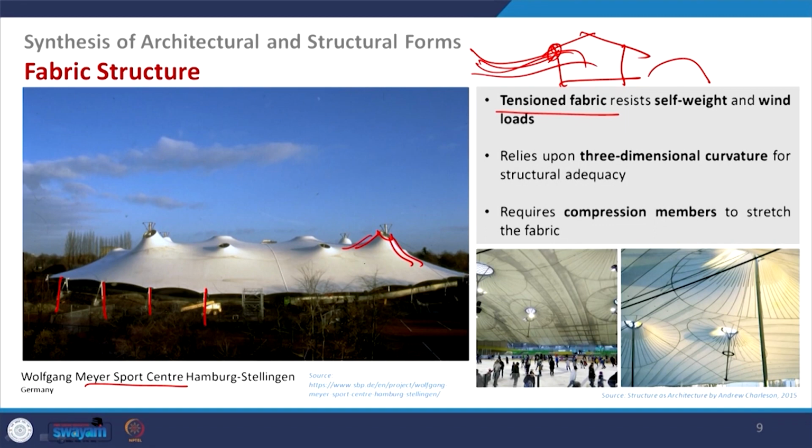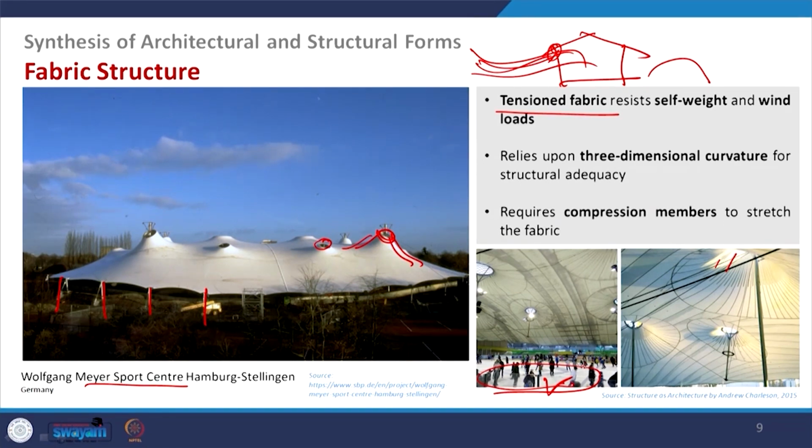So, we will discuss there, and here it is very beautifully designed. It will take care of the tension as well as the light. So, through this one may have the light, and you can see the people are enjoying the skating there. So, this is one application of the fabric structure.